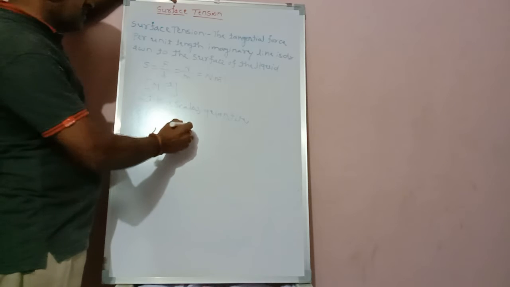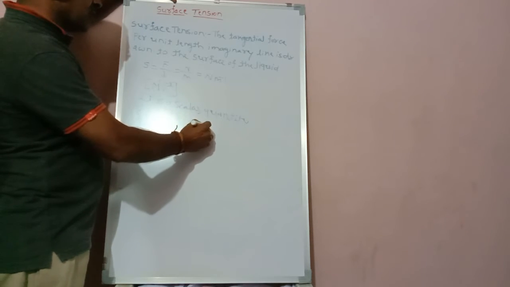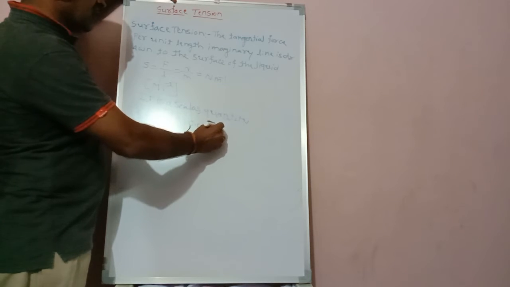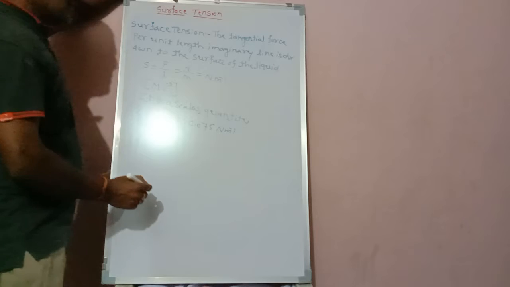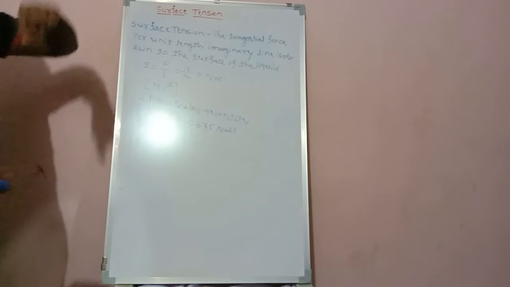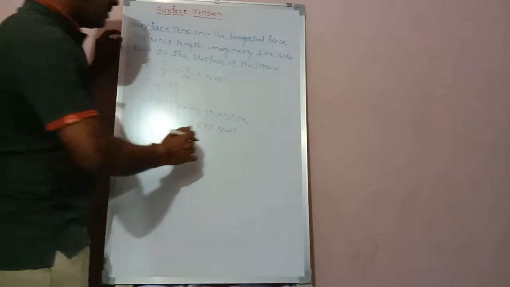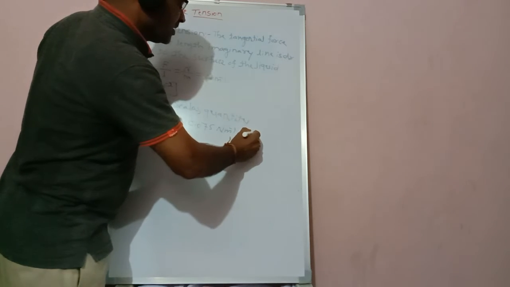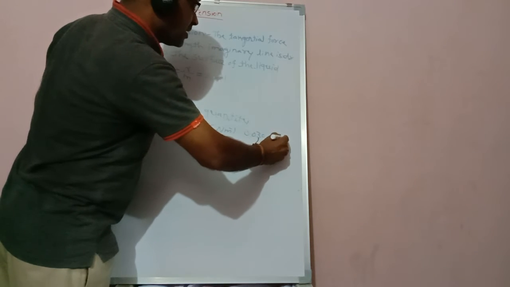The surface tension for water is 0.075 Newton per meter. The surface tension for soap water is 0.030 Newton per meter.